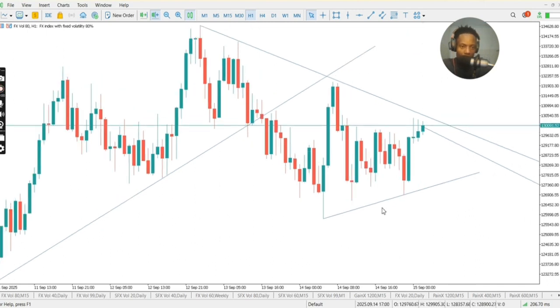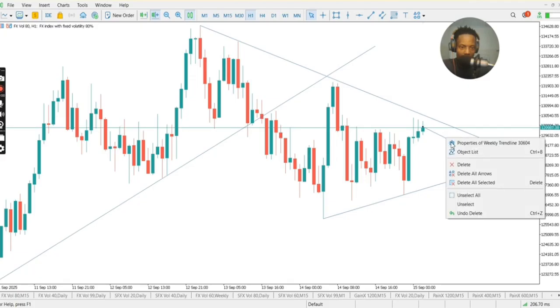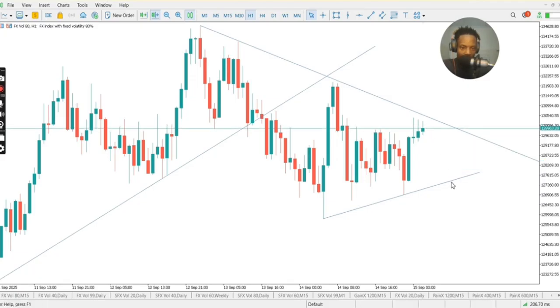So someone can actually be patient and wait for the market to break down here, to break this trend line, and set their sell limits or trade from this zone, putting their stop loss above here.